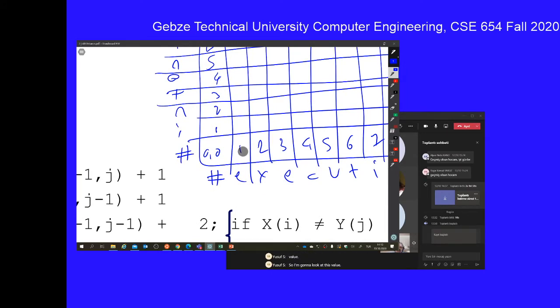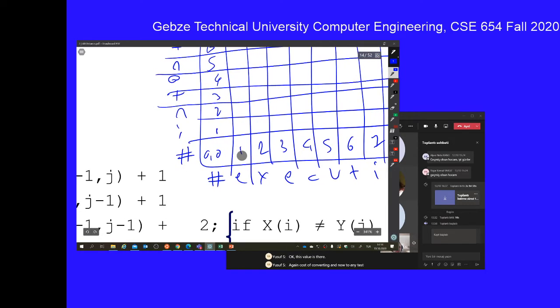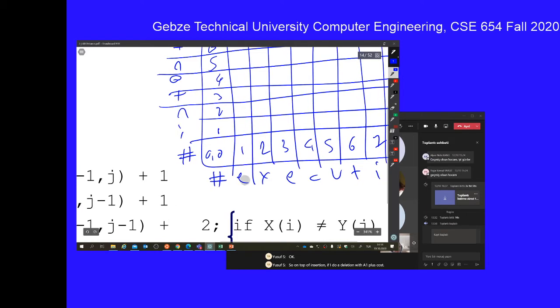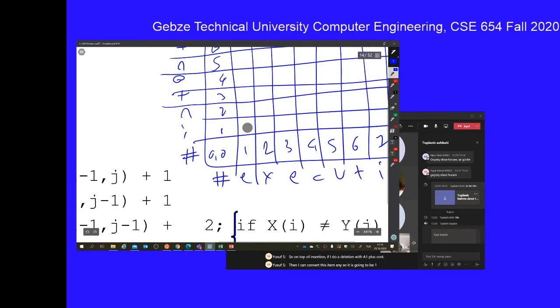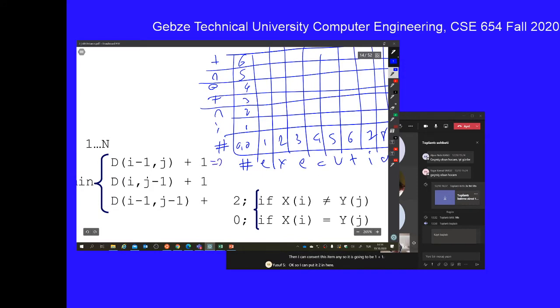This value is the cost of converting a null to an E. That's the insertion. On top of insertion, if I do a deletion with a 1 plus cost, then I can convert this I to an E. So it is going to be 1 plus 1, so I can put a 2 in here.